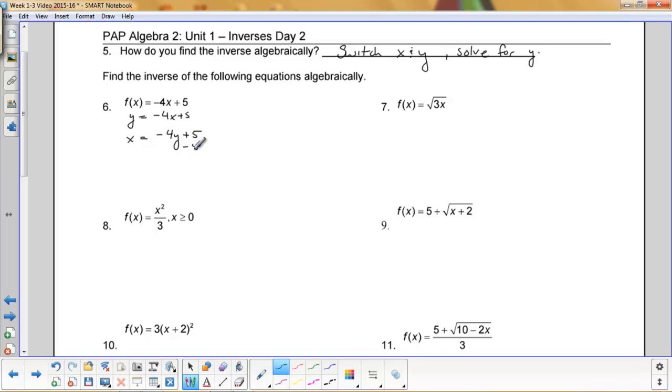And now we solve for y. Question number 7.